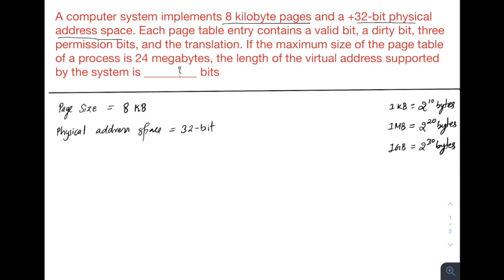It's given that the computer system supports 32-bit physical address space. So don't confuse this with the size of the physical address space being 32 bits. If it is explicitly provided that the physical address space size is 32 bits, then it's different. But here it's given that the system supports or implements a 32-bit physical address space.